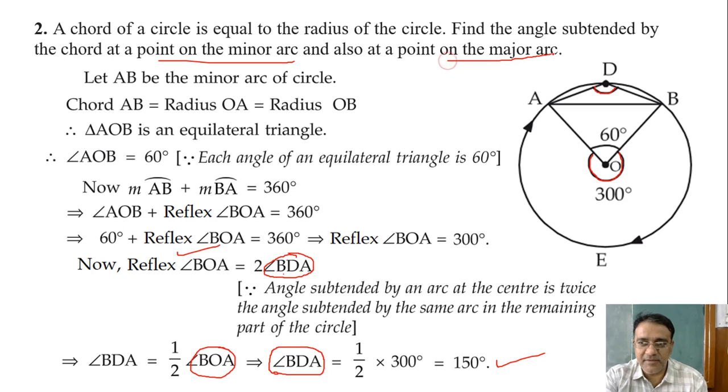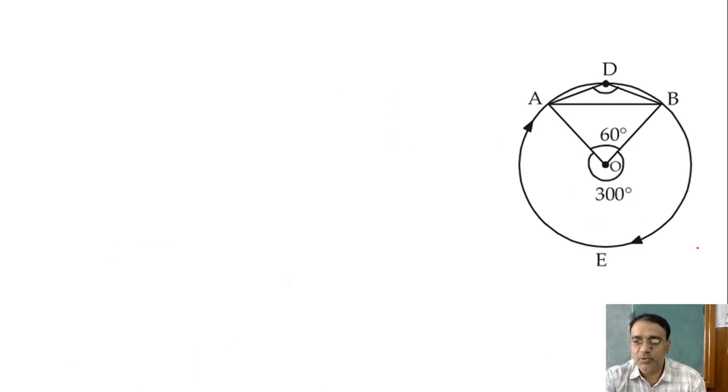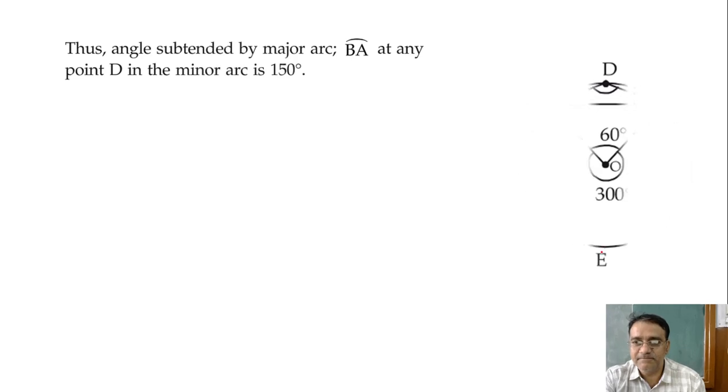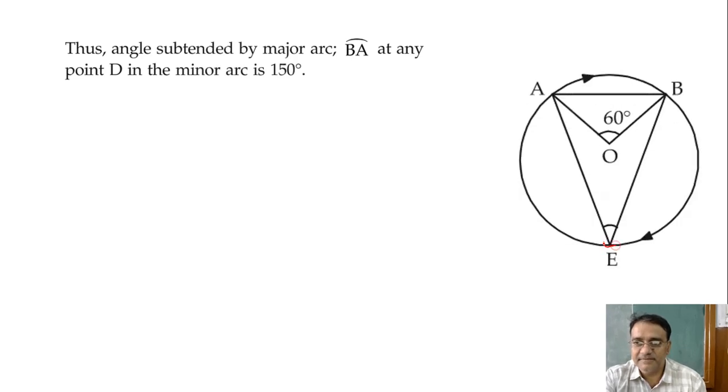Now we are going to take a point on the major arc. So for the major arc we are taking a point here. Now this angle AOB is 2 times angle AEB, by using the same property, that is, the angle subtended by an arc at the center is double the angle subtended by it at any point on the remaining part of the circle.